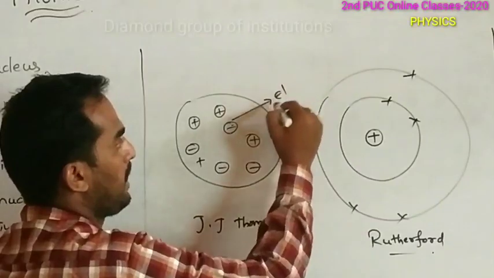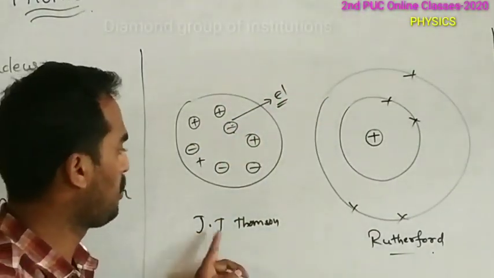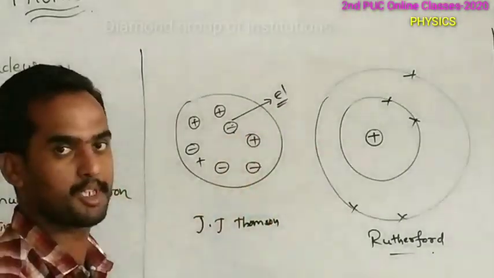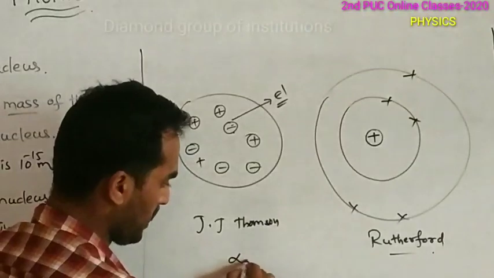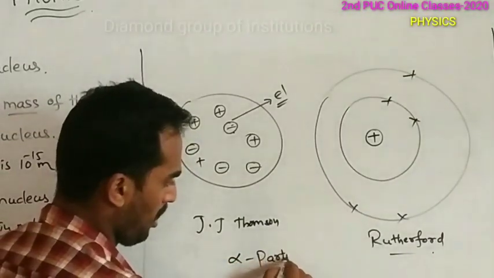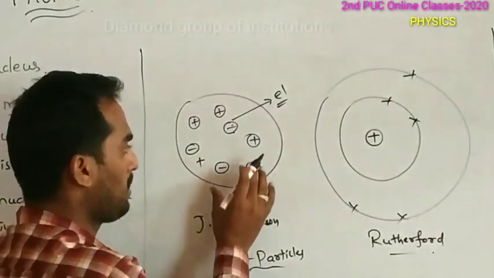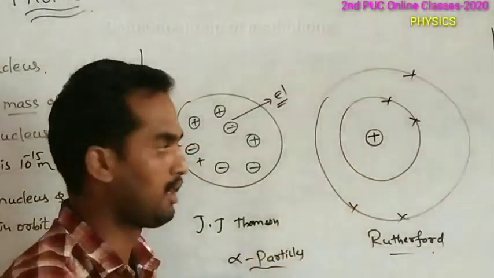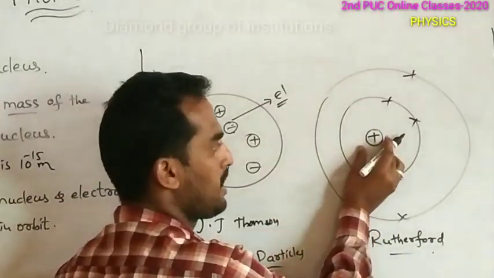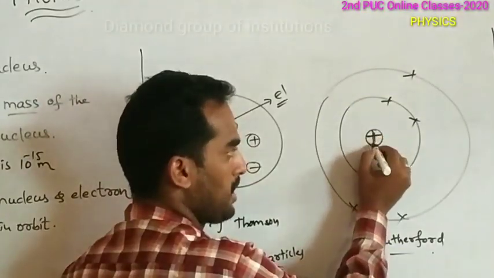This negatively charged particle is called what? Electron. So who discovered the electron? J.J. Thomson. But after the alpha particle scattering experiment, the atom figure changed to this. See here, exactly at the center we have the plus symbol.